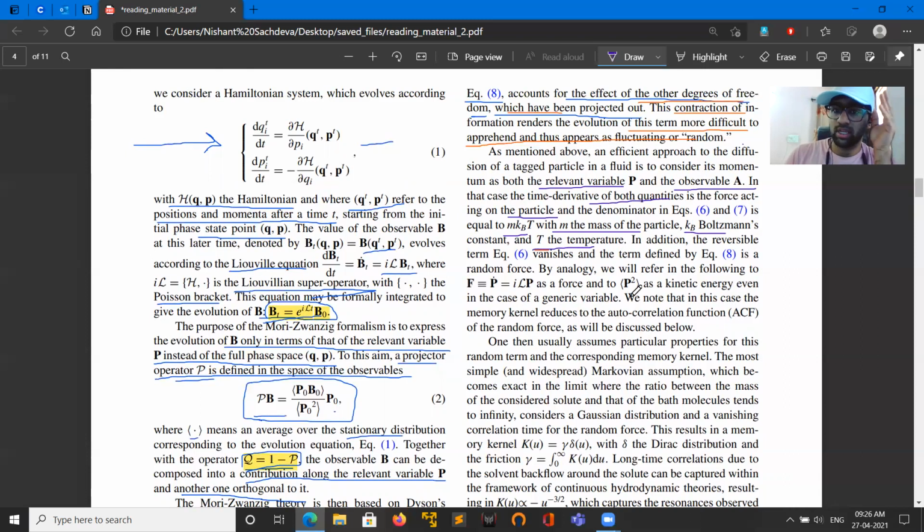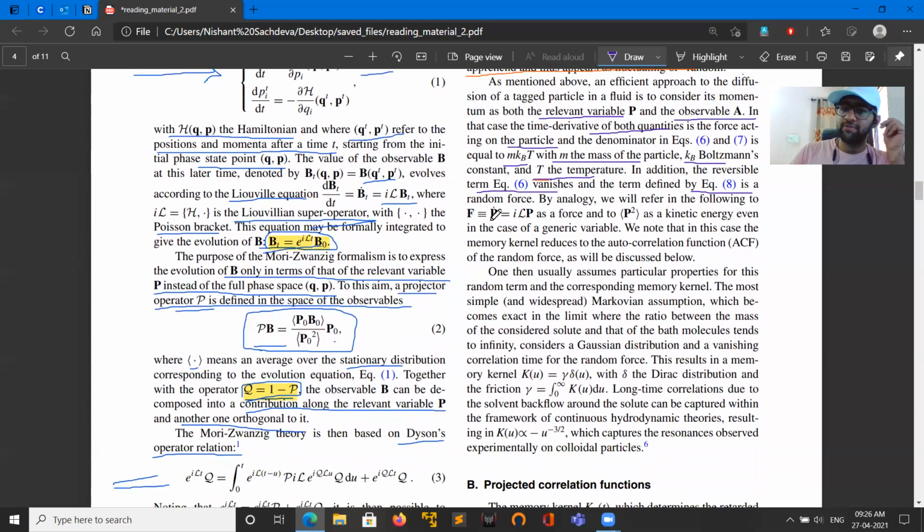In addition to that, the reversible term in equation 6 vanishes, and the term defined by equation 8 is now only a random force. By this analogy, we will refer in the following to iLp as a force and to p square as a kinetic energy, even in the case of a generic variable.